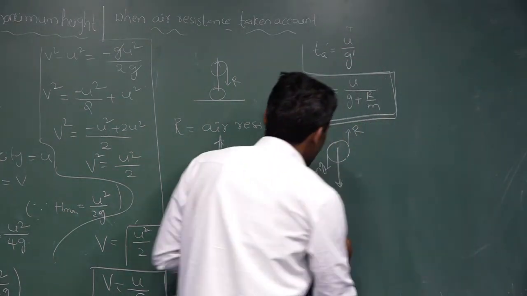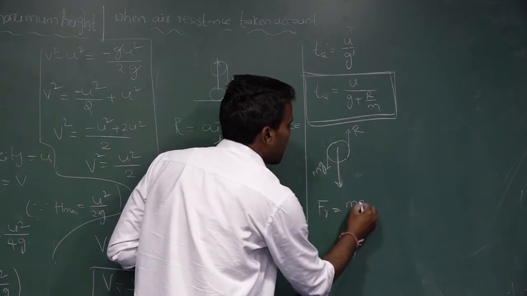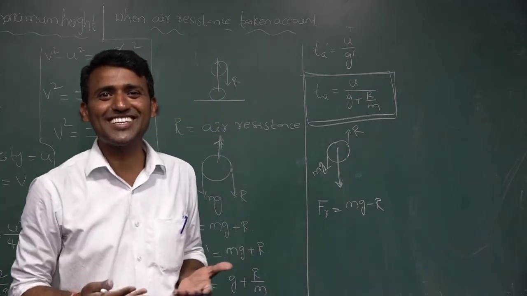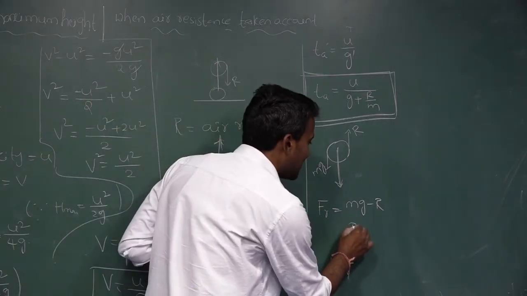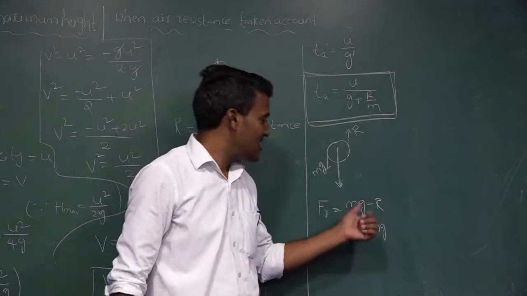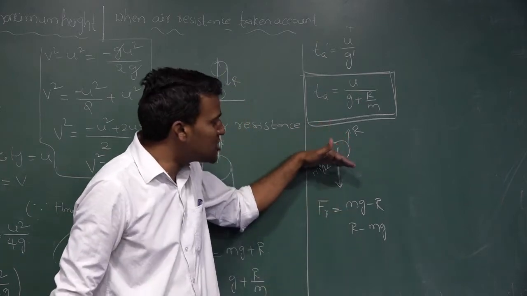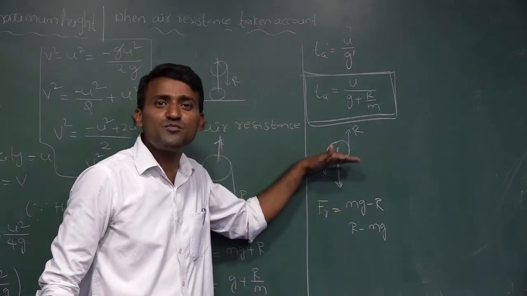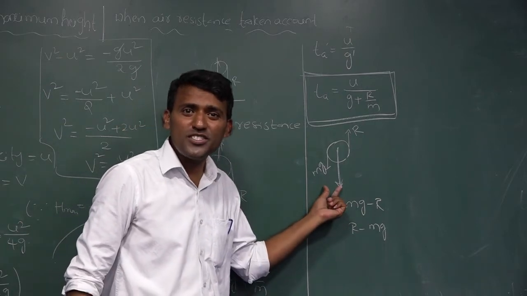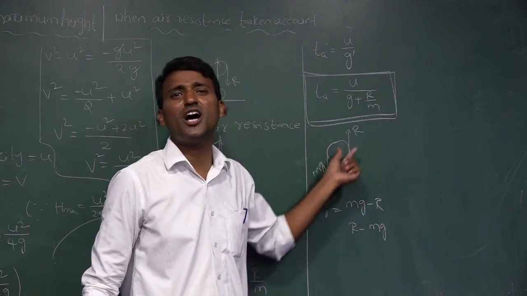So the resultant force I am writing as mg minus r. Why do I write mg minus r only? Why can't I write r minus mg? Because the object is moving downward, the downward force is greater than the upward force.